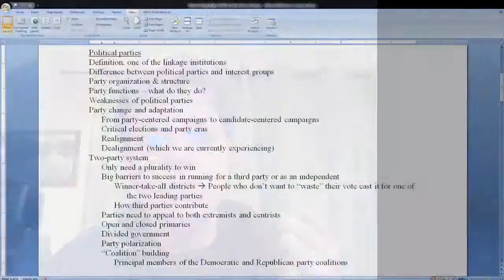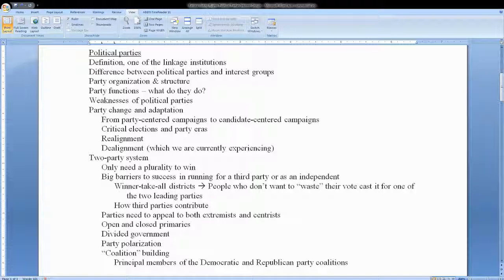Party polarization, yeah, I talked about that. Party polarization is obviously a very big thing, and I've talked to you about it a lot in class. The parties have moved apart over the last few decades. It used to be in the 60s and 70s the Republicans and the Democrats were much closer.